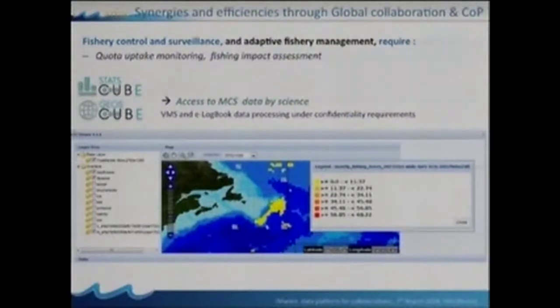And we are working, for example, with NIAF to develop this capacity today. And that has to work with a big concern, which is taking care of policies for confidentiality and security requirements. But you can see here that in that example, science people have access to some level of aggregated and processed data. They do not have access to the raw VMS data.